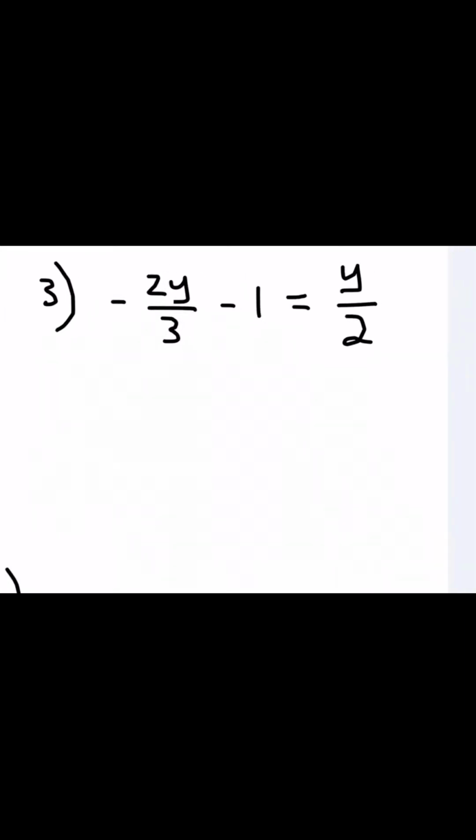Yes, let's do it this way. What I know is that I want to have all the letters on the one side, numbers on the other side. So already this one of 2 over 3, I will rewrite it in that format.